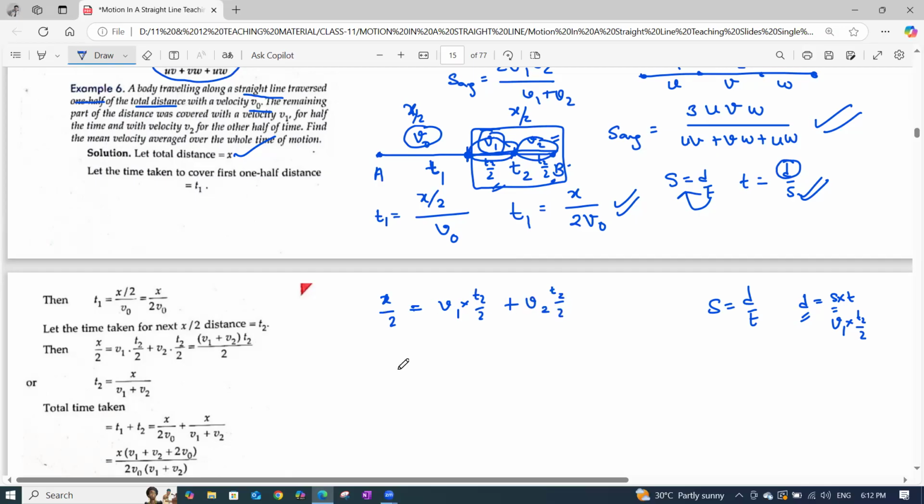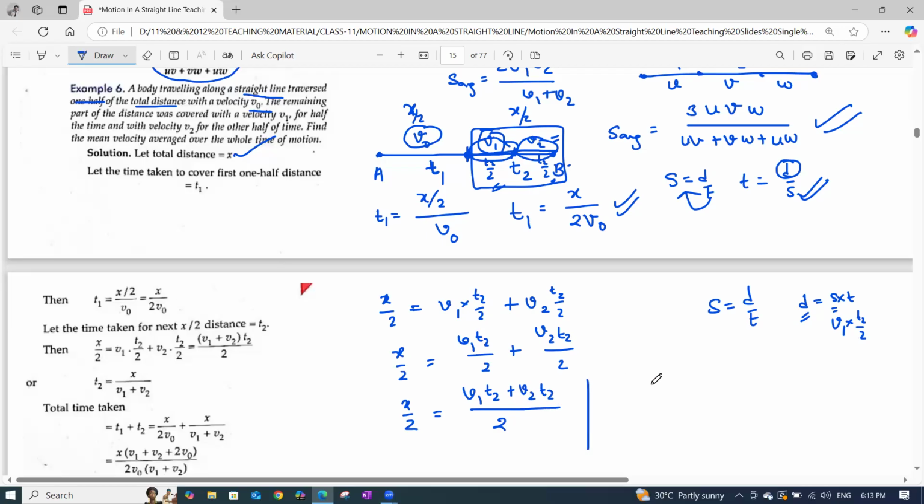If you put everything together, it becomes x by 2 is equal to v1 t2 by 2 plus v2 t2 by 2. Again, if you further solve it, taking LCM 2, x by 2 is equal to v1 t2 plus v2 t2 upon 2.